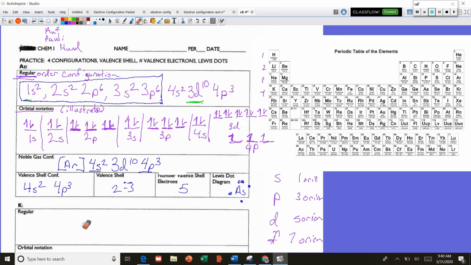I'll do a segment for just showing regular order, then orbital notation, and so on. But hopefully you'll get this as you do more practice with them. I'm really only requiring you to be able to do 3 things: regular order, orbital notation, noble gas. This bottom part is kind of extra, just so that you can understand what we're looking at with these.